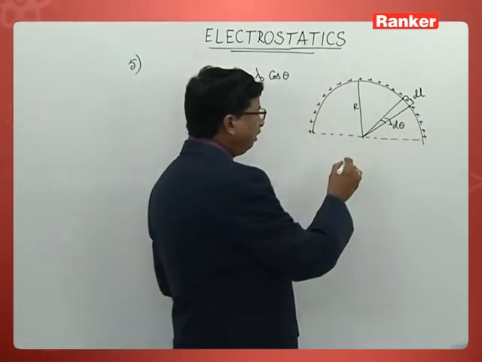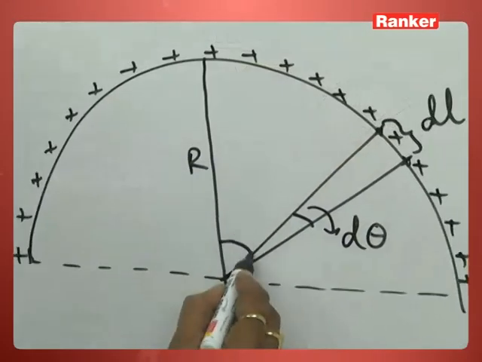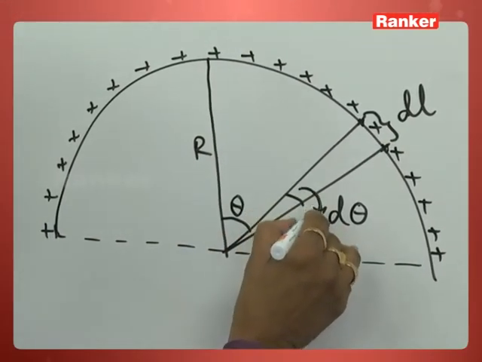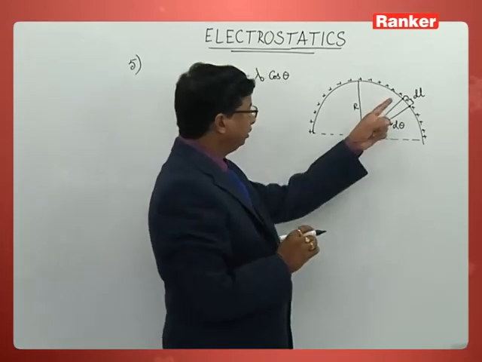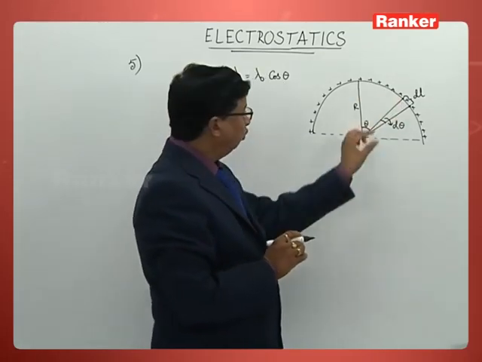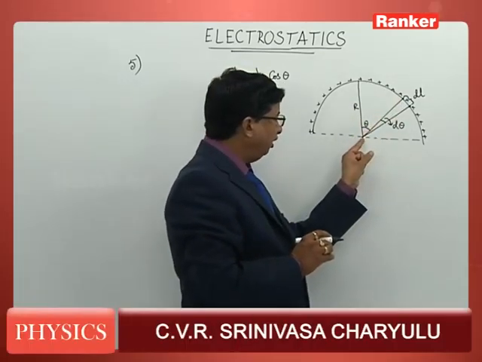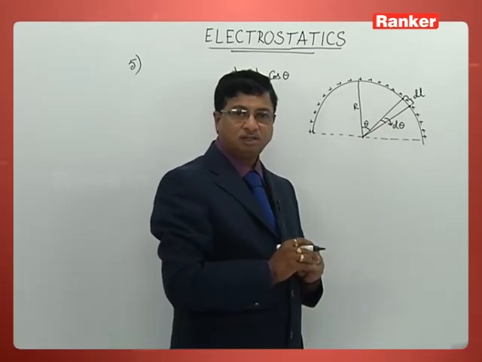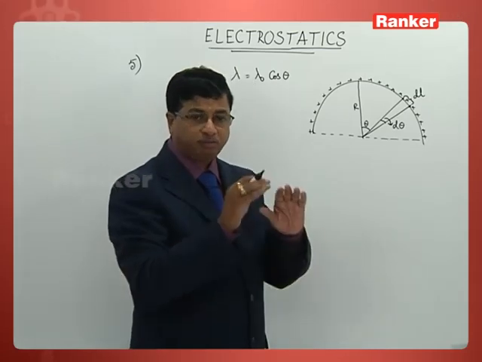And you can certainly understand this angle that is given in the problem as theta. This is only a small element of length dl, which is making an angle with respect to the center as d theta. That is what has been given in the figure itself.